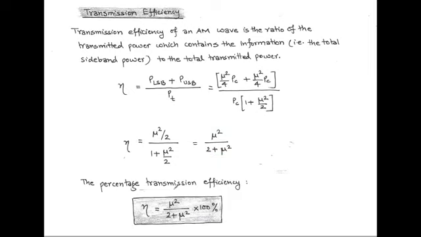And in terms of percentage, the formula is eta equals mu square upon 2 plus mu square into 100%. So we remember these formulas, that is total power, total current and transmission efficiency for standard AM, that is called double sideband full carrier.